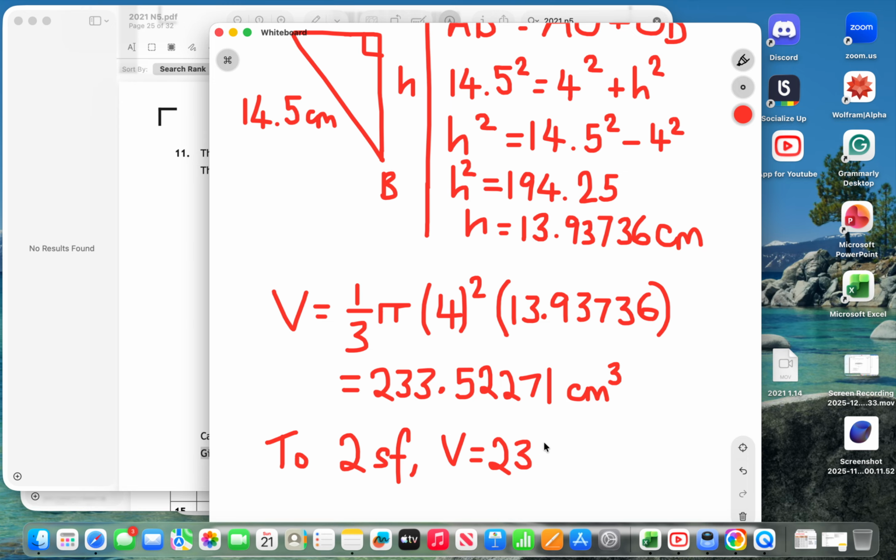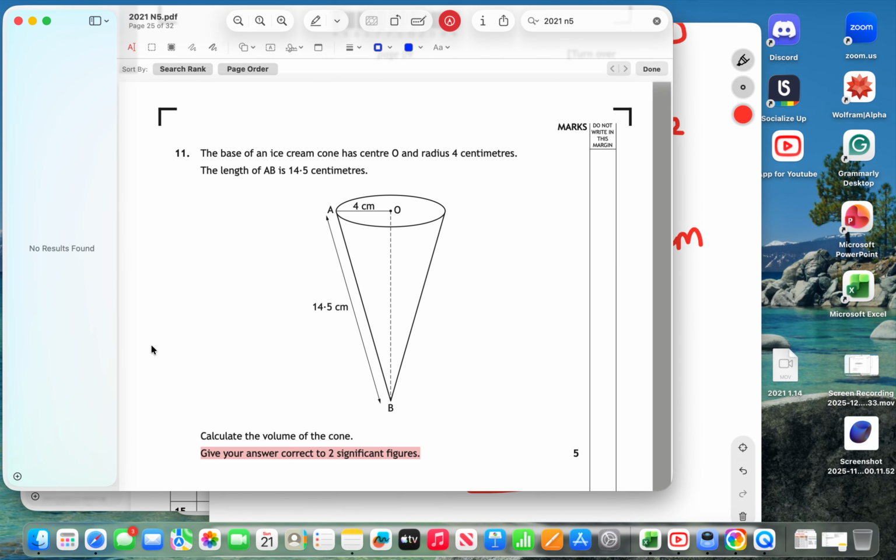So 230 centimeters cubed. And that's the final answer. Always make sure that you read any directions regarding rounding. So the key takeaway of this question is that you have to use Pythagoras in 3 dimensions in order to find OB.